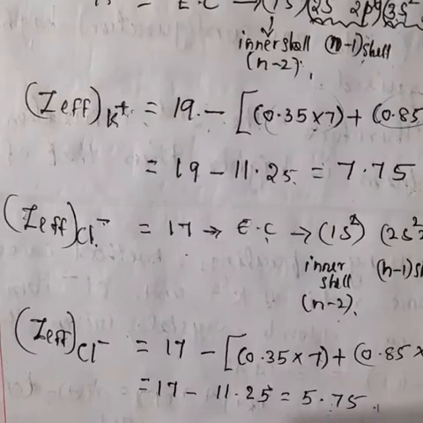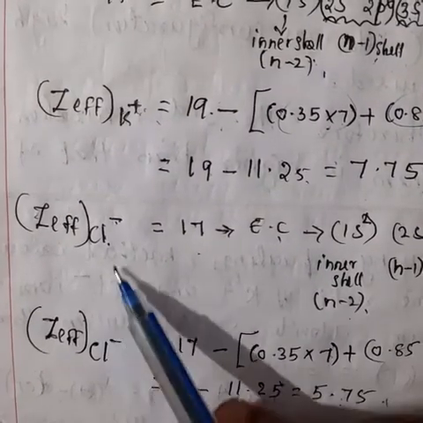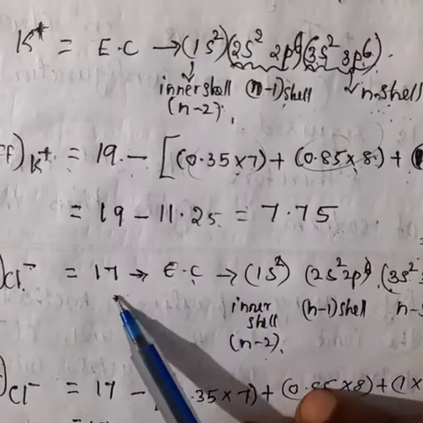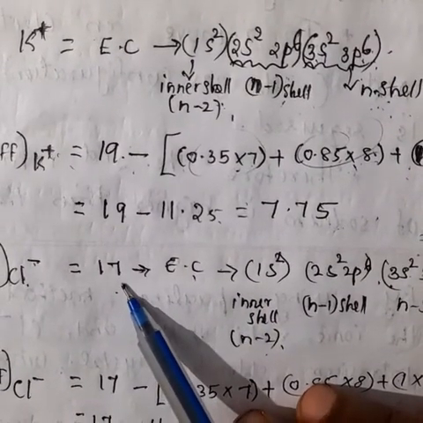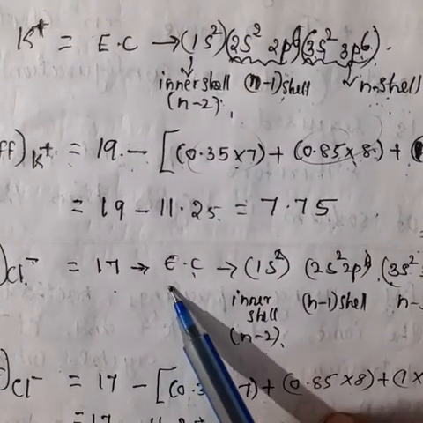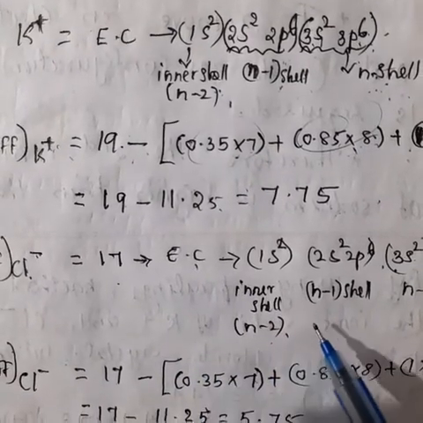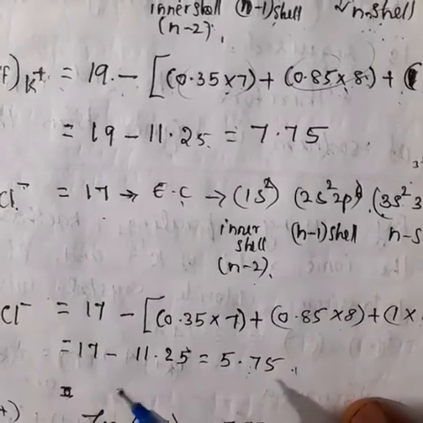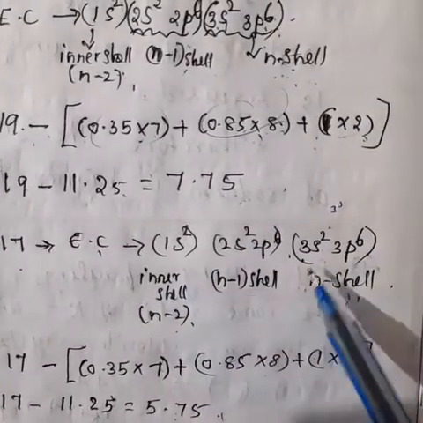And the effective nuclear charge for Cl minus is Z minus S. Here Z, the atomic number of chlorine, is 17. And S means the screening constant. If we are calculating the screening constant, we should write the electronic configuration.